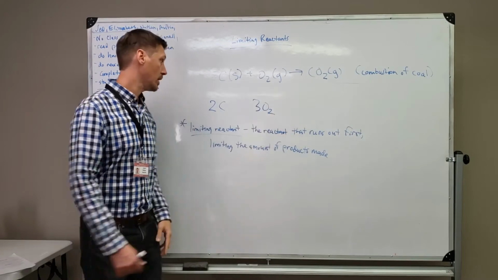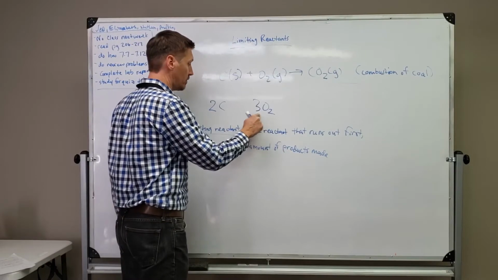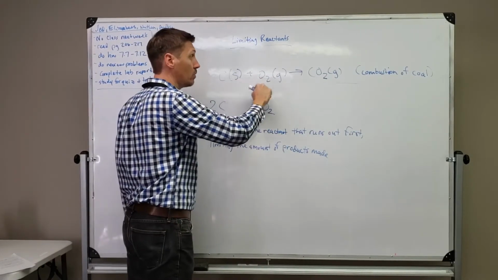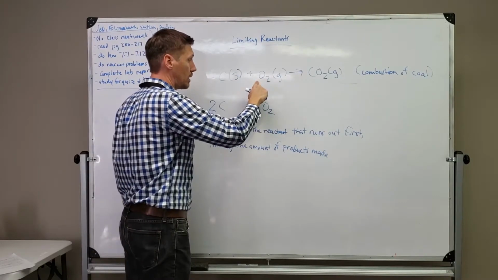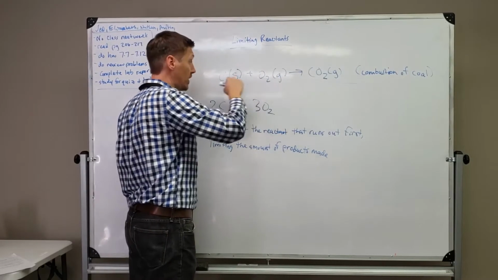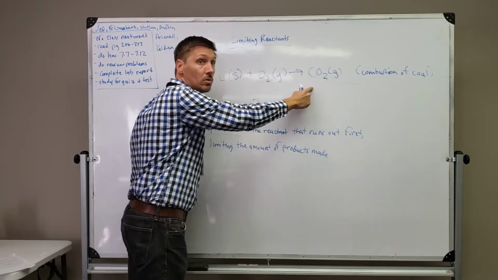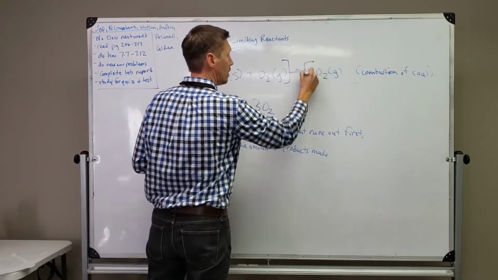Only 2, right? It's a 1-to-1-to-1 relationship. 1 mole of this combined with 1 mole of this gives us 1 mole of this. So if I'd had 2 moles of this and combined it with 2 moles of this, I get 2 moles of that.